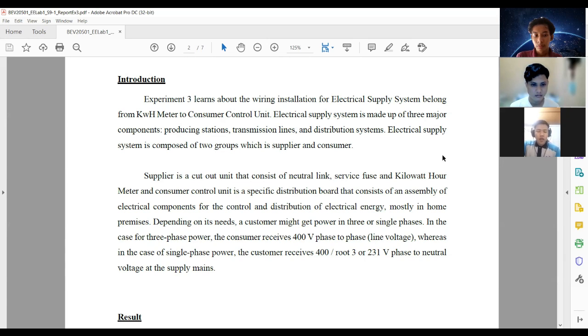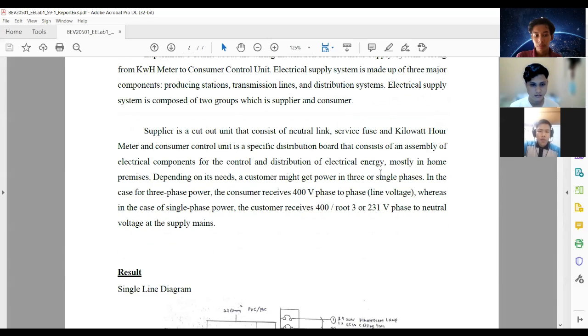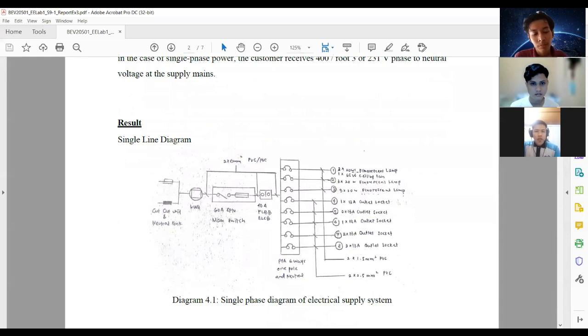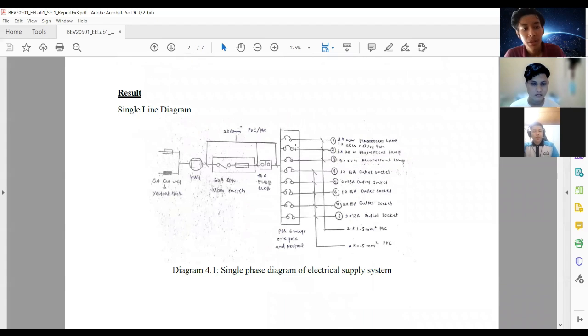So I will let Ahmad Sofi explain about the result. My name is Ahmad Sofi bin Arifin. For our experiment result, this is how the single phase diagram of the electrical supply system looks like.